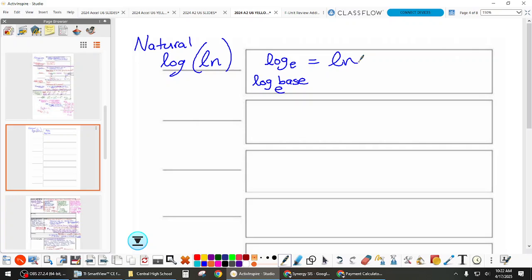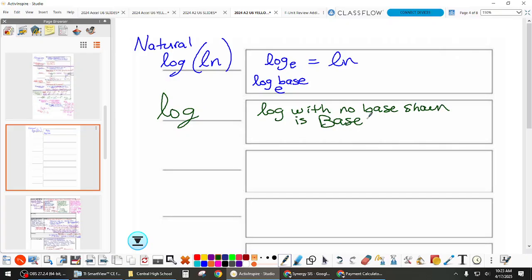And then put: log with no base shown is base 10.